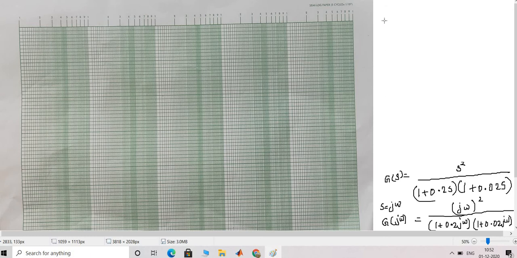Now we can write the magnitude and phase angle of the given transfer function. What is the magnitude?